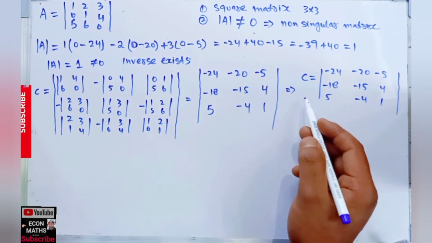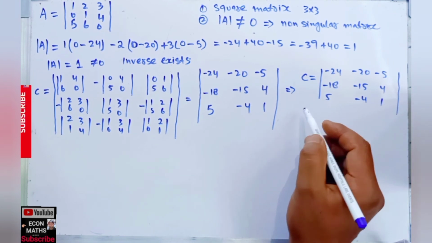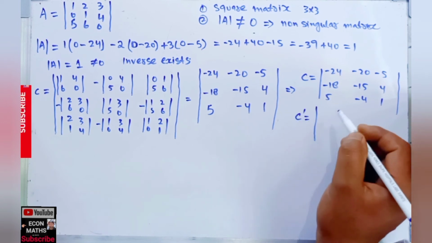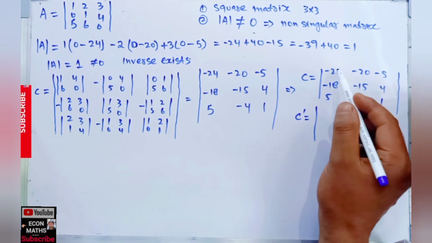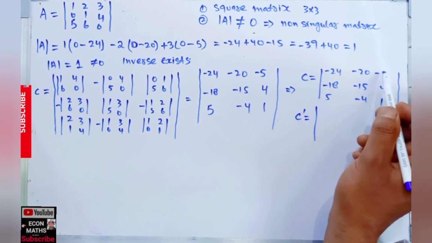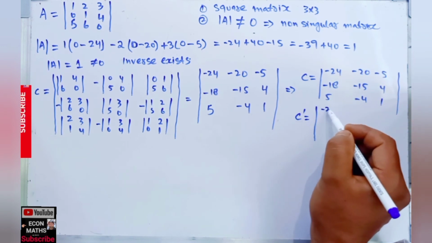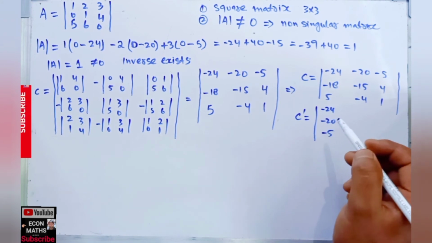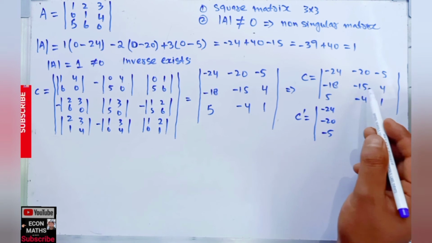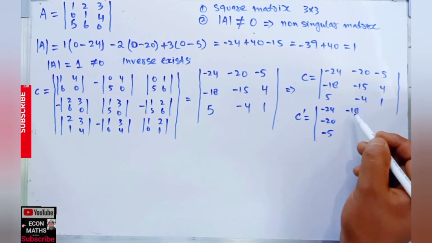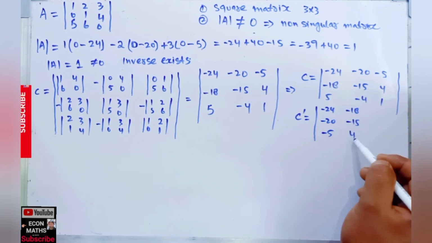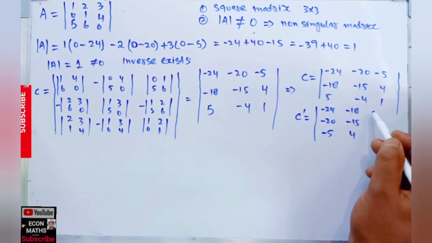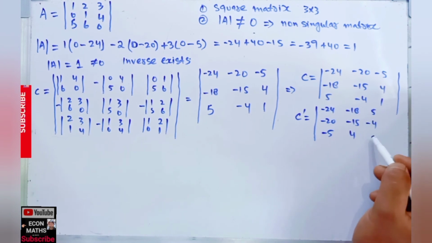Now the adjoint is given by the transpose of this, C dash, meaning interchanging rows with columns. If it is here a row, it will become a column. So I will write minus 24, minus 20, and minus 5. And here minus 18, minus 15, 4. Similarly, 5, minus 4 and 1.